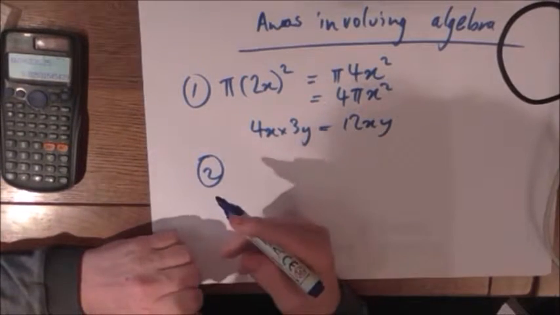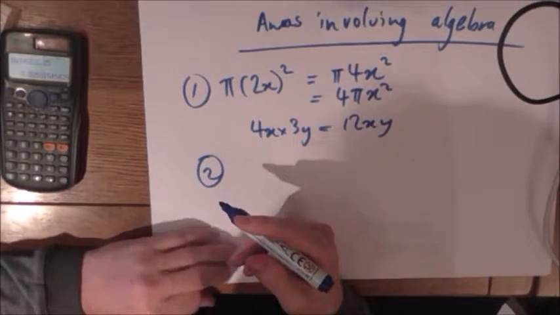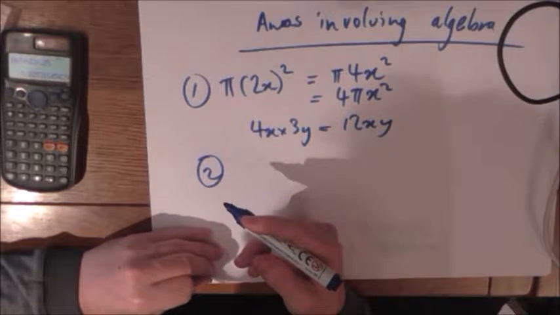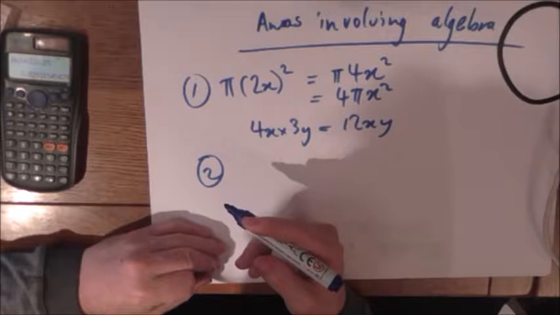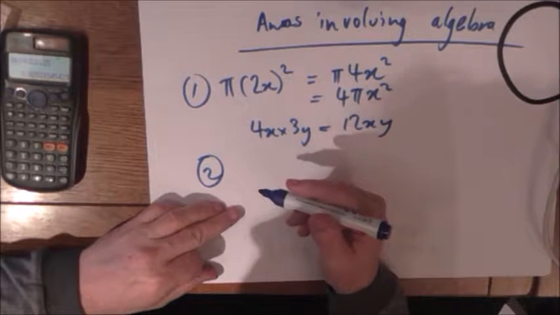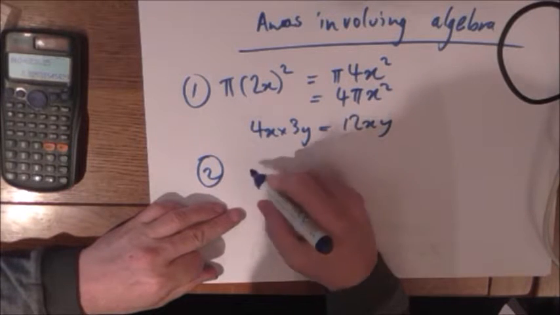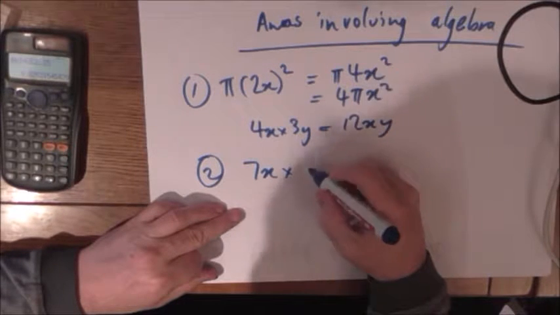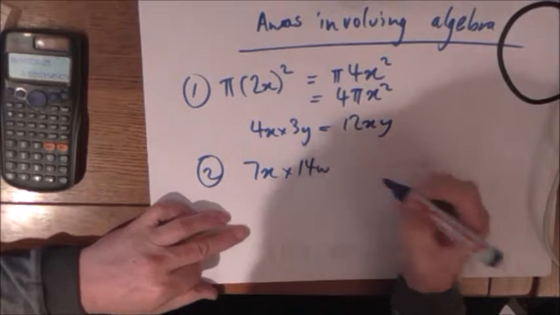Question number 2. Now you do the sum of the parallel sides, so 3x plus 11x, so that's 14x, times the gap between them, so that's 14y, and you just have to halve something. So here I am halving the sum of the two parallel sides.